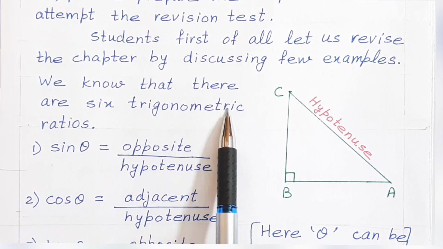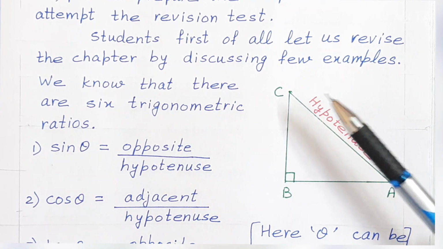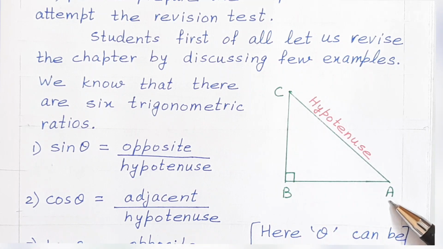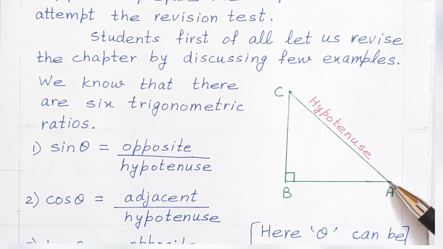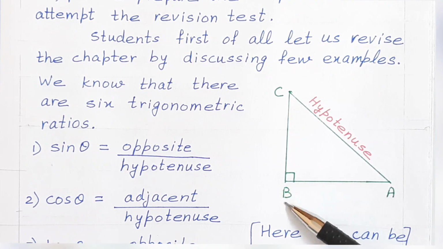We know that there are 6 trigonometric ratios, right? Now let us consider a right angle triangle where AC is the hypotenuse and the side opposite to angle A is BC.